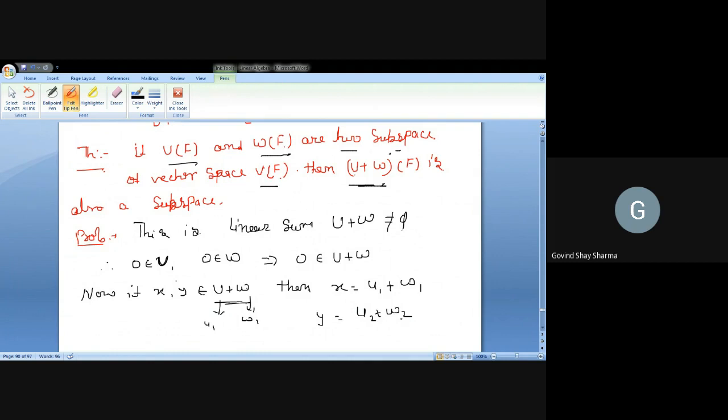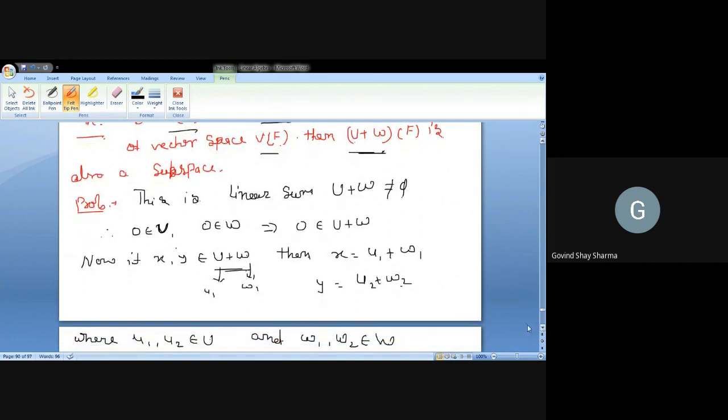For this, we take alpha and beta from field F and x and y from U plus W. We take x equal to u1 plus w1 and y equal to u2 plus w2.